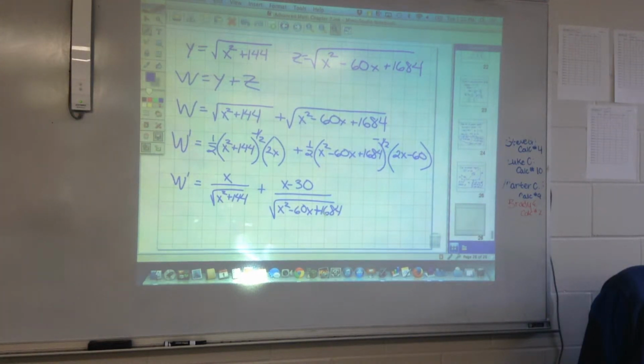Would we want to make it a common denominator so it's easier to see when it's positive or negative, or would you suggest plugging it in? Because that would be a lot of work making that common denominator. So we want to know when this equals 0, so we have to set that equal to 0.